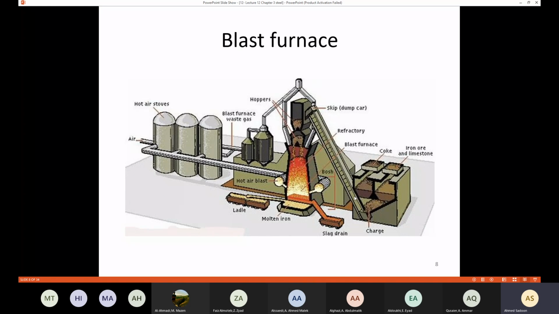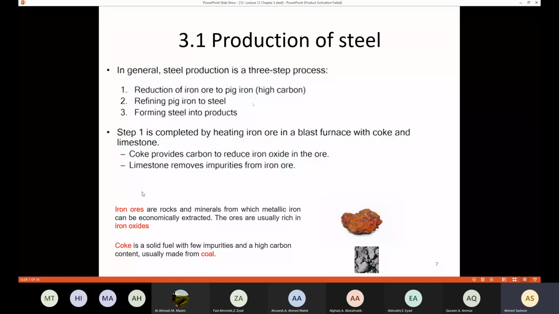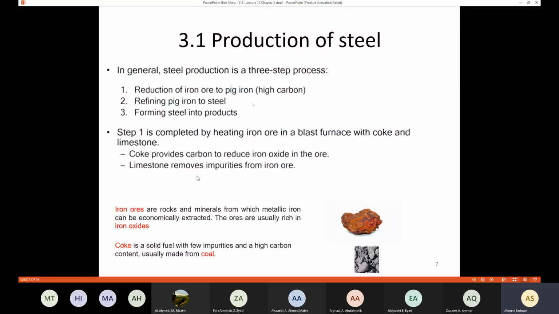In the blast furnace, I need to put the iron ore, and I also need to use the coke and the limestone. The coke is a solid fuel with few impurities and high carbon content, usually made from coal. So I need to have coke, limestone, and iron ore.